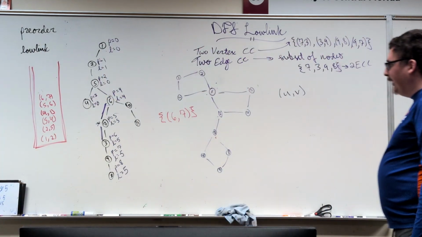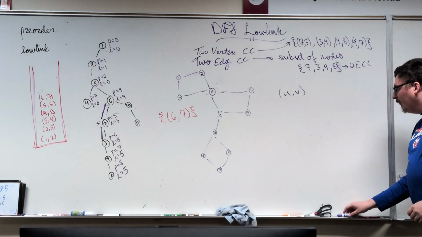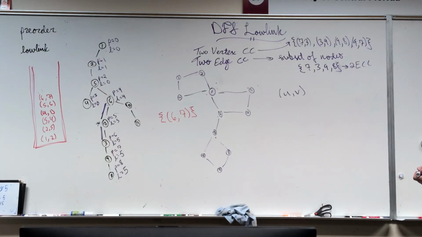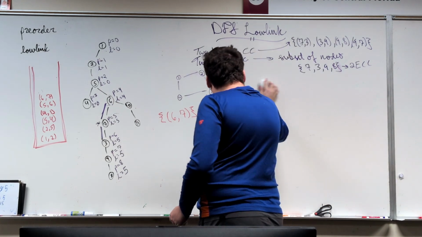There is one thing to be really careful of here, and that is starting your DFS at a cut vertex. In this specific case, if we were to start at 5, actually, for this case, I'm going to work with a little bit of a simpler graph.